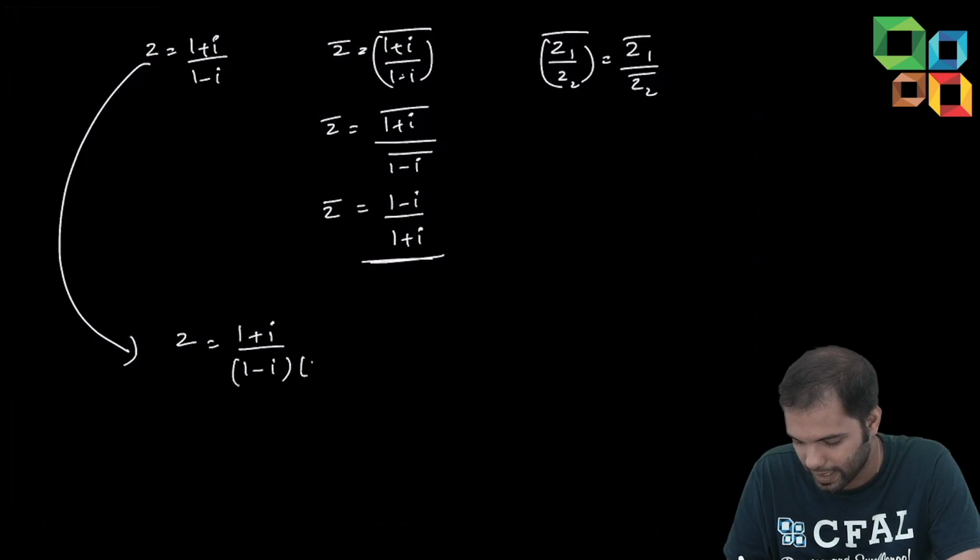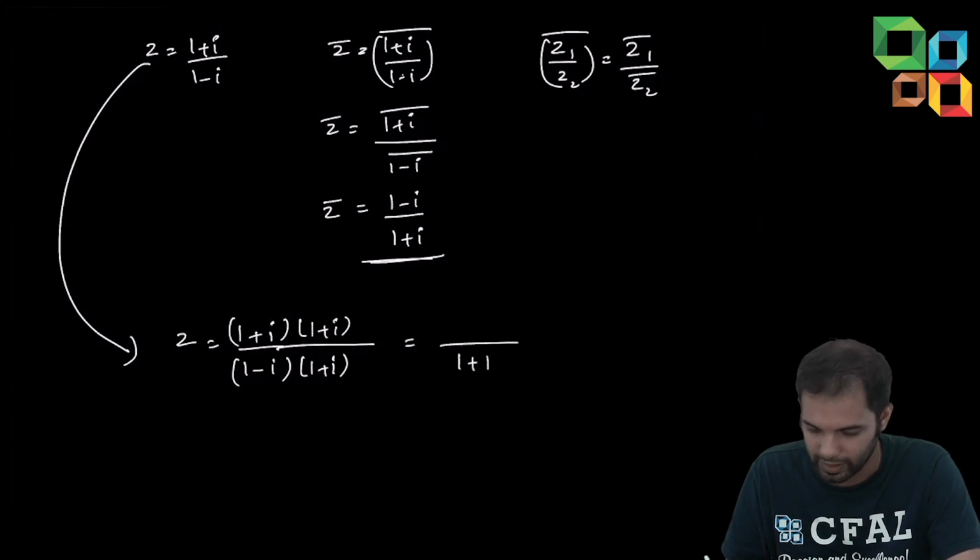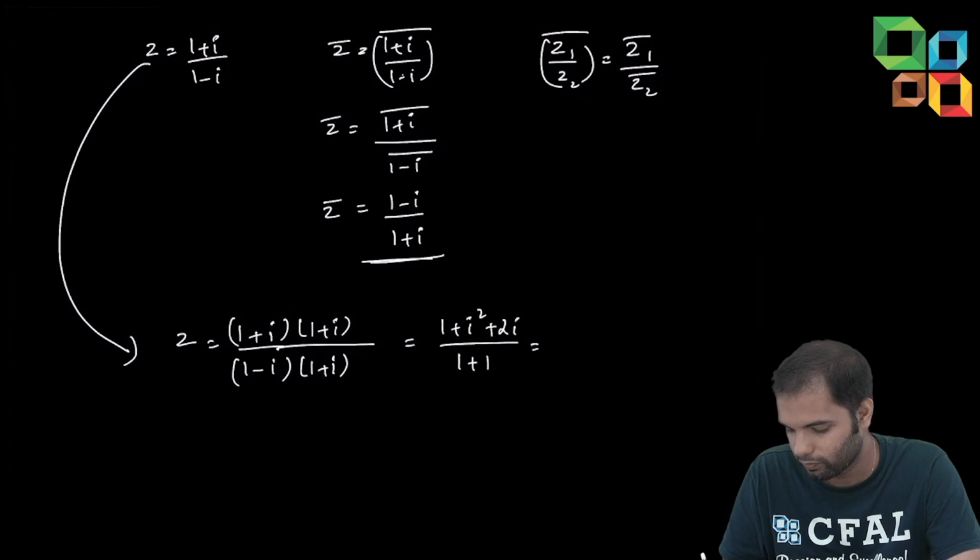So let us do that. 1 plus i into 1 plus i. Now the denominator is nothing but 1 plus 1. Numerator is 1 plus i whole square, which is 1 plus i square plus 2i, which is nothing but 1 minus 1 plus 2i divided by 2, which is nothing but i.